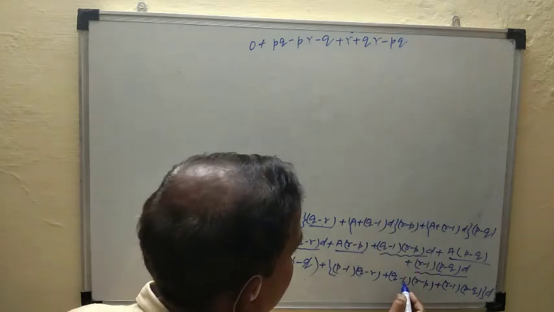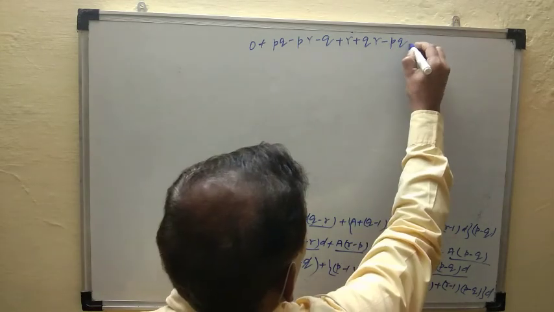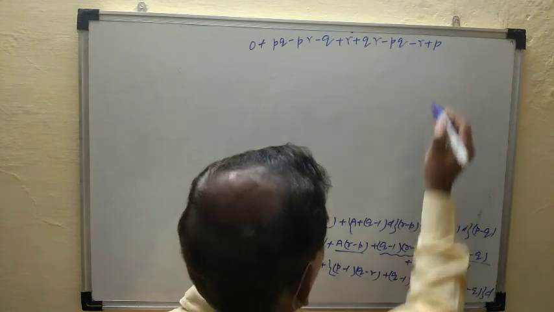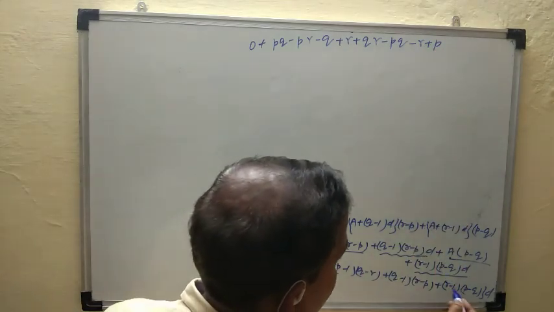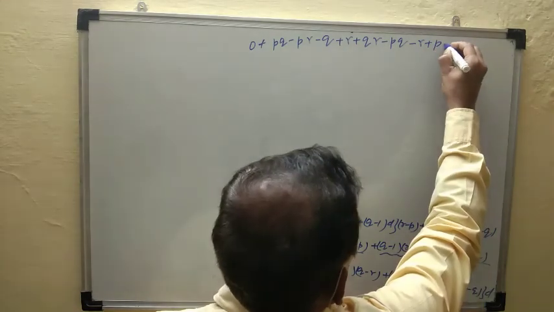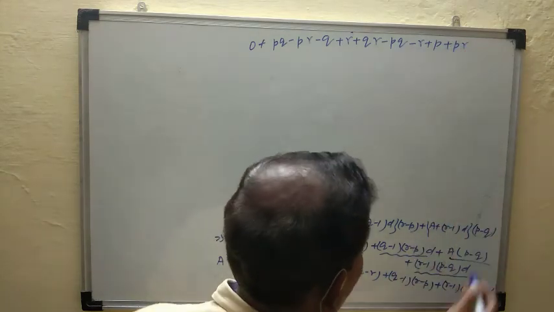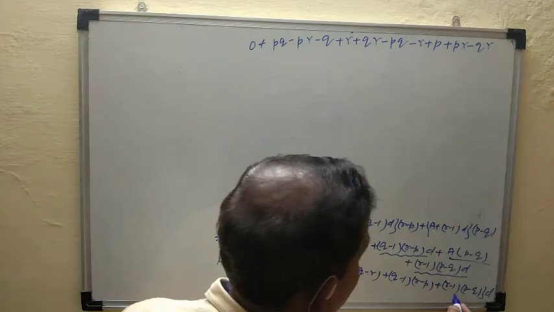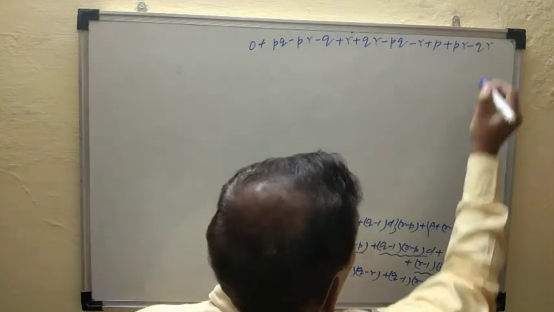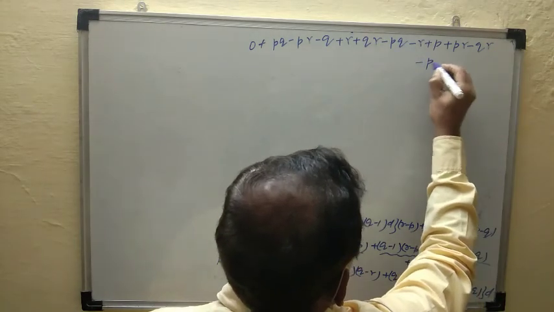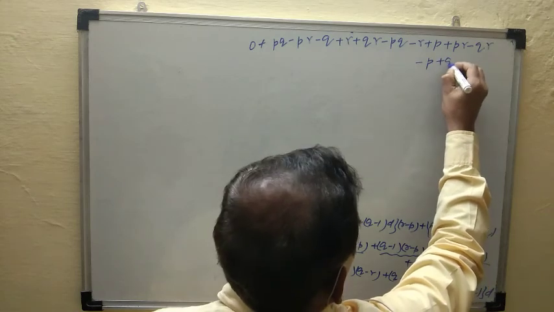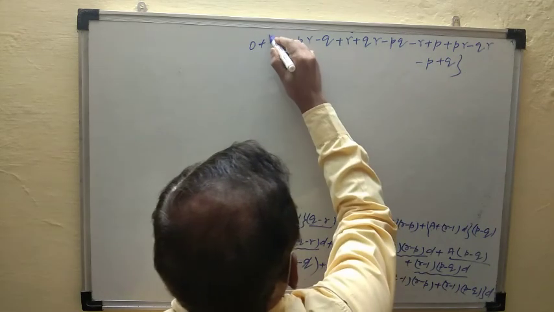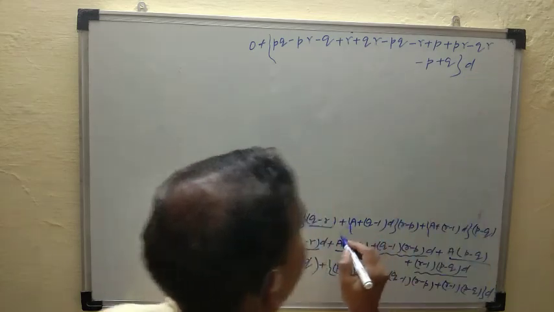Now multiply by minus 1 in both the terms. So minus R and minus minus plus. Now open this bracket. So multiply by R. So plus PR, then R into Q, minus QR, then multiply by minus 1. So minus P and minus minus plus Q, and D is common.